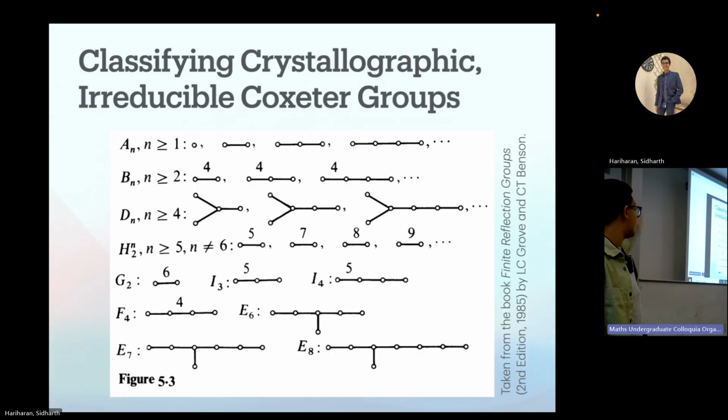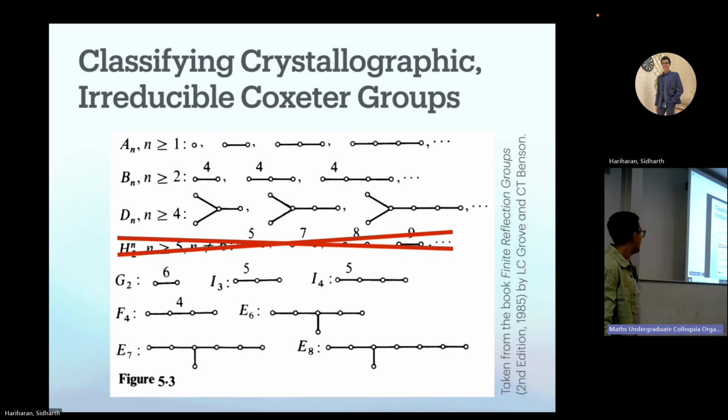So now we're going to classify crystallographic irreducible Coxeter groups. And actually, we can start eliminating things. It turns out these guys are not crystallographic, which is why we separate the n equals 6 case, because that is crystallographic. That does preserve a lattice. Similarly, we get rid of this and this.